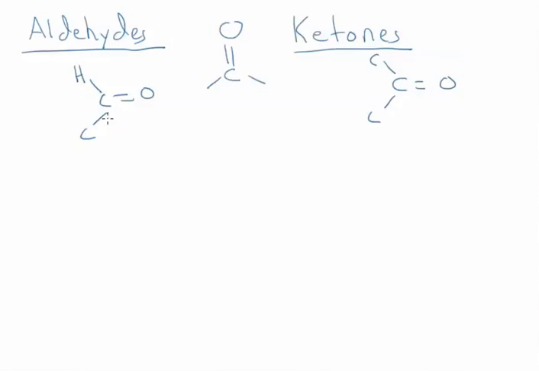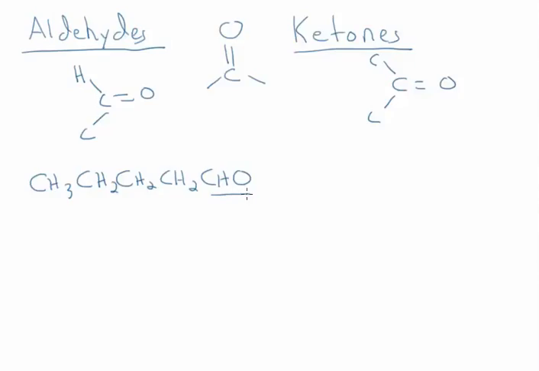So this example here, let's draw one real quick. And we'll show it in our condensed form, so you can get used to seeing it like this. Aldehydes will end with CHO.